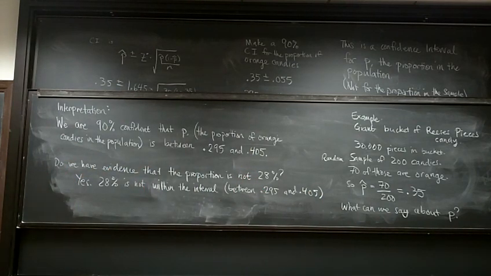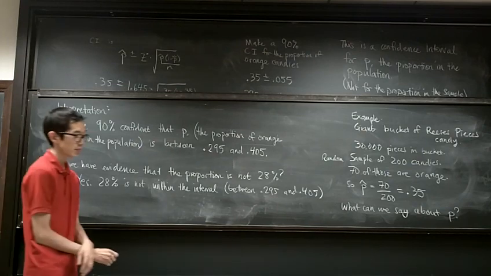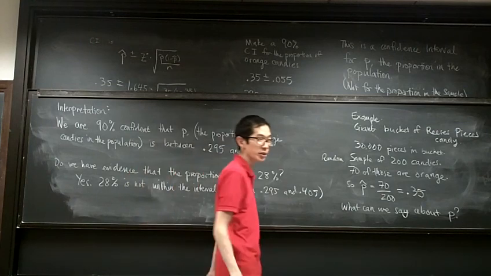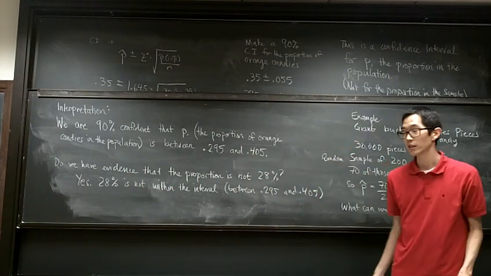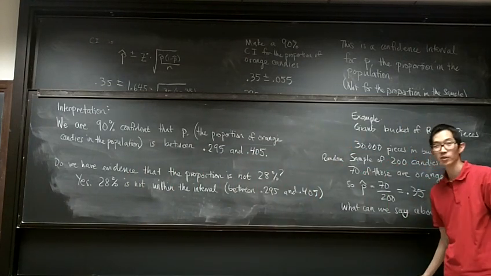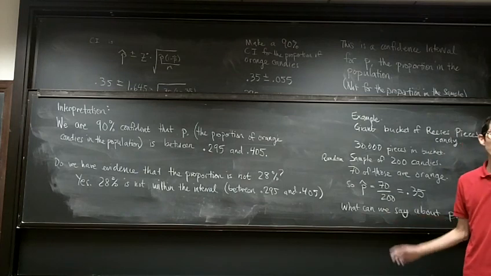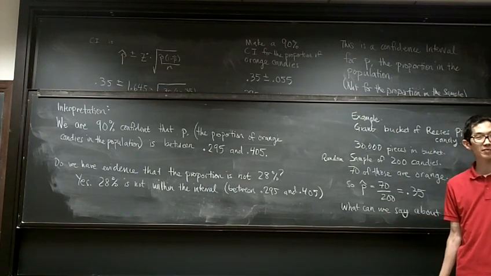But is it possible that the proportion of orange candies is 28%? Yeah, it is possible, but we would say that's surprising. Okay?